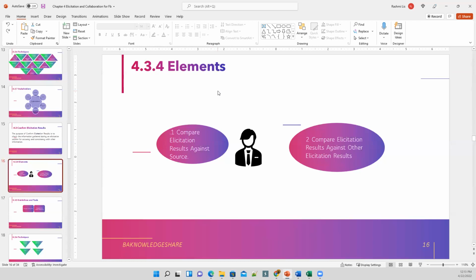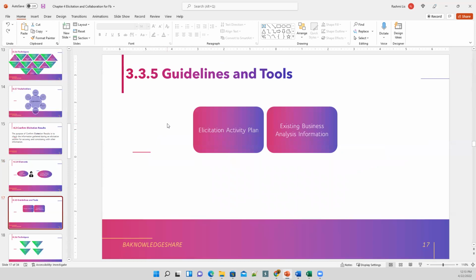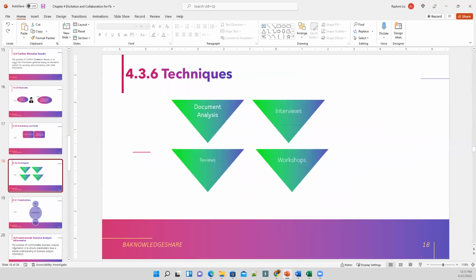Some of the elements here, and there's only two, are compare elicitation results against the source and comparing elicitation results against other elicitation results. Guidelines and tools used here are the elicitation activity plan and the existing business analysis information. Some of the techniques, and there's only four techniques here, are document analysis, interviews, reviews, and workshops.